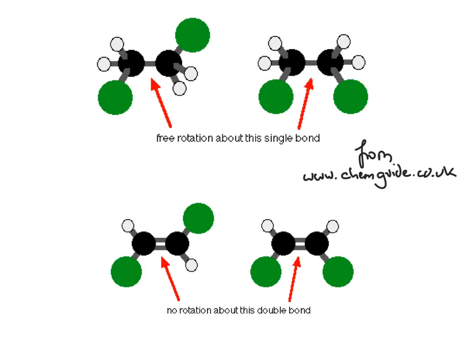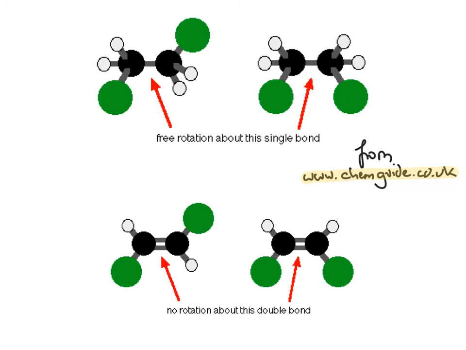Okay, so let's just explore that in a little bit more detail. So these images are taken from a really, really good website called chemguide.co.uk, so I definitely recommend that. All right, so in the molecules at the top, we just have a single bond between the 2 carbons. So the 2 carbons are the black circles, so they represent carbon, and there is a single bond between them.